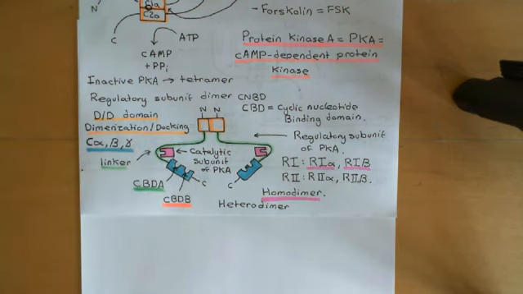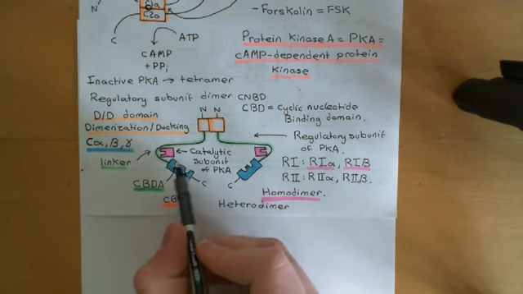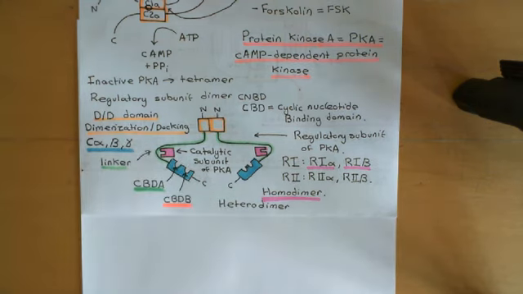So basically, it's cooperative binding. A cyclic AMP molecule binding to the cyclic nucleotide binding domain B makes it more likely that a cyclic AMP molecule will be able to bind to cyclic nucleotide binding domain A, and then cyclic nucleotide binding domain A is going to cause the conformational change which releases the catalytic subunit of protein kinase A once it has cyclic AMP bound to it.